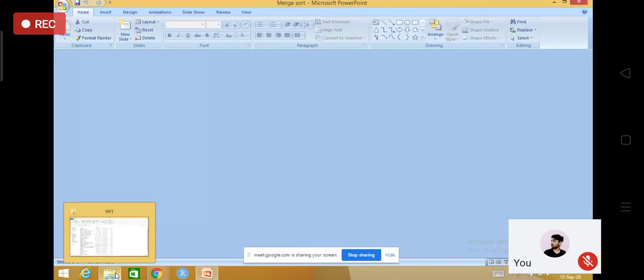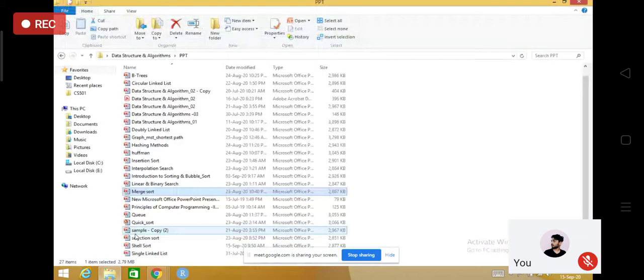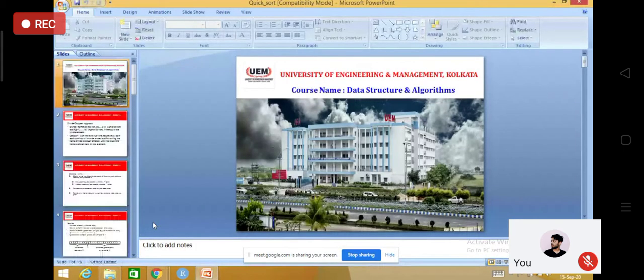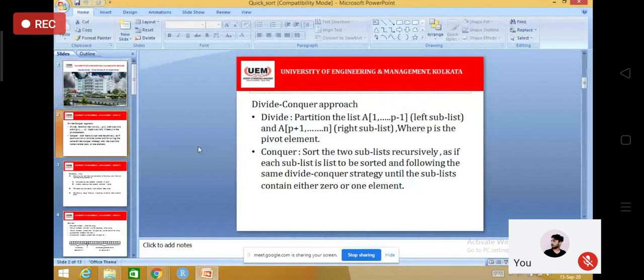Next there is quick sort. Fine. Quick sort is also based on the divide and conquer approach. But in case of quick sort, there is a concept of a pivot element or the decision making element.